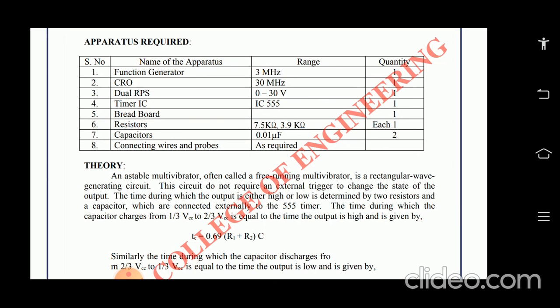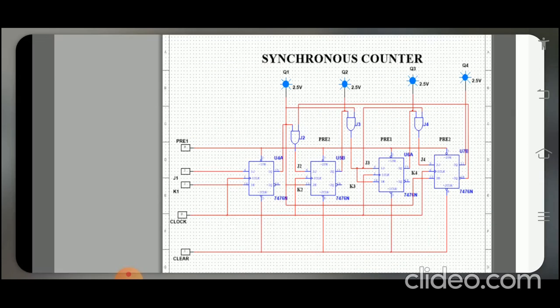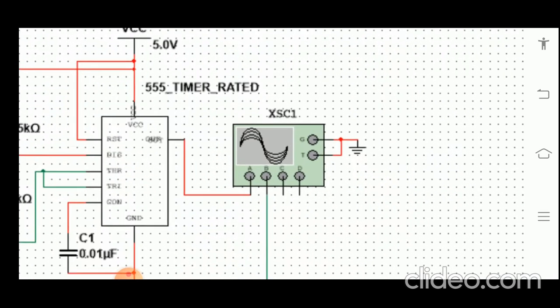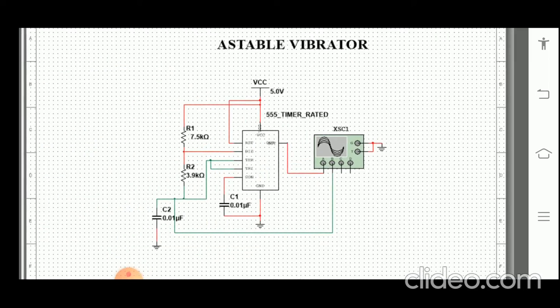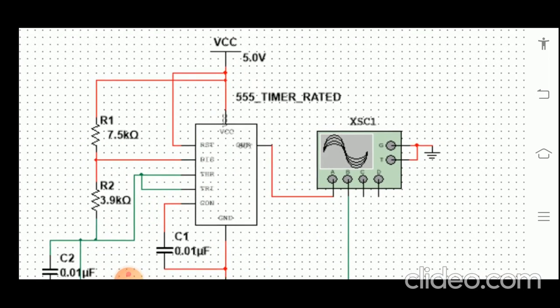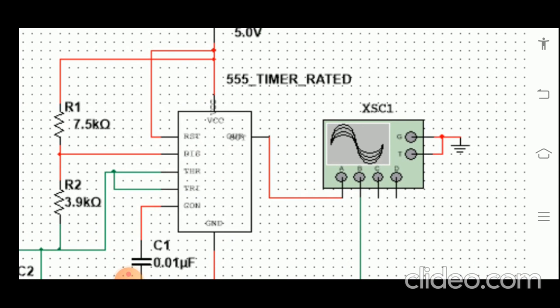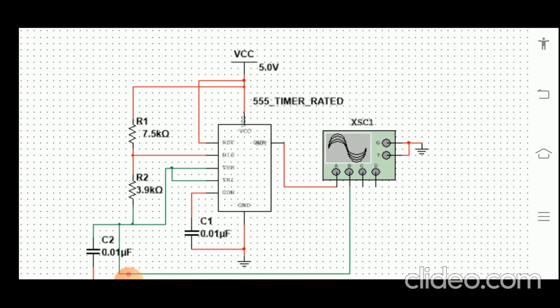But in order to get the concept, I am going to the Multisim software. Similarly we can get the components; this is your CRO and this is our 555 timer circuit component in the Multisim software.